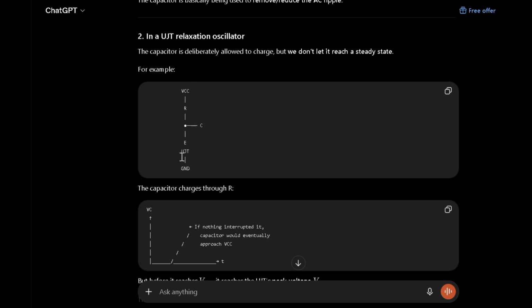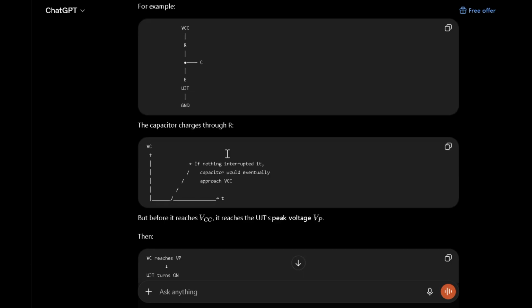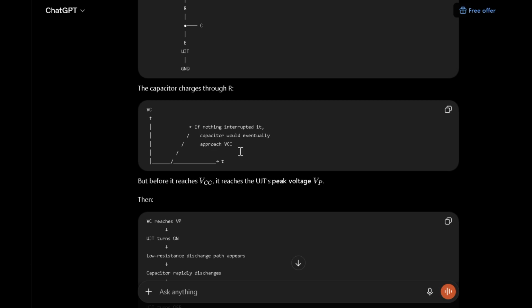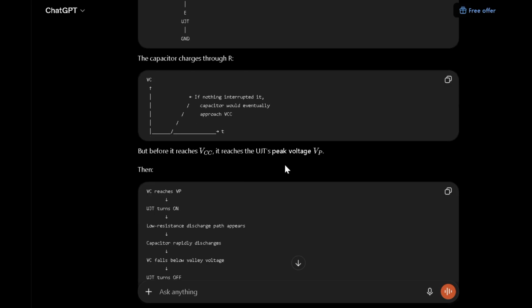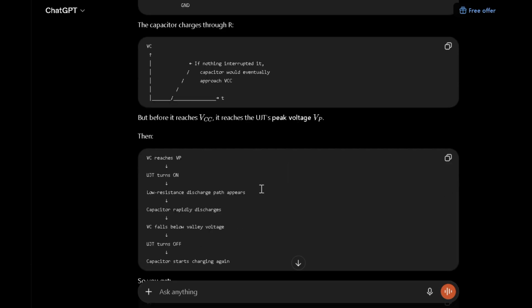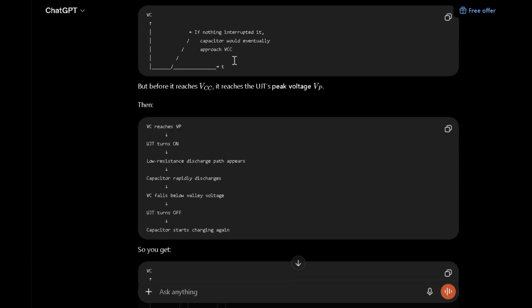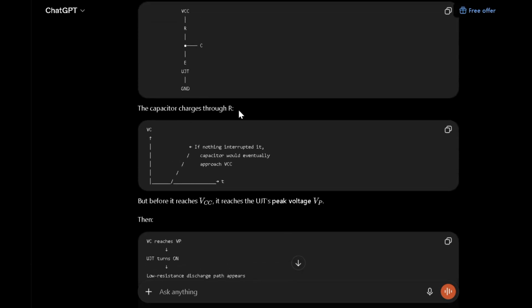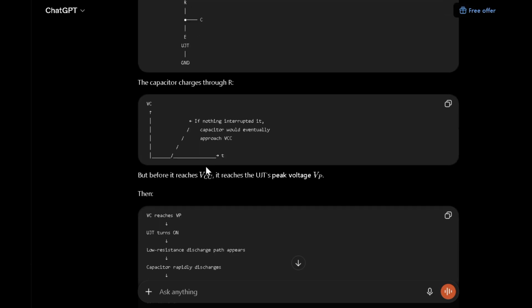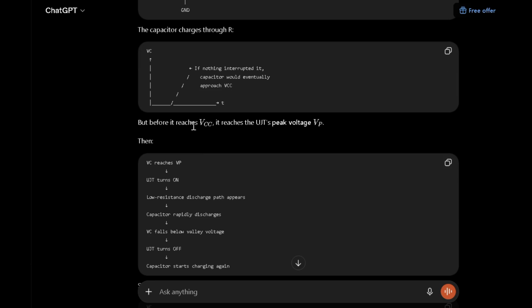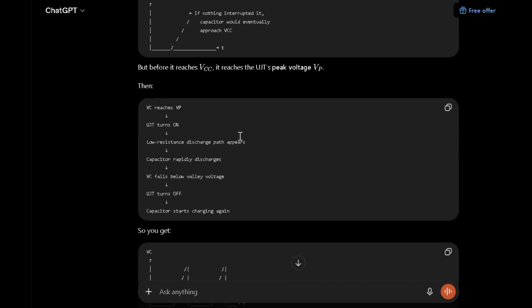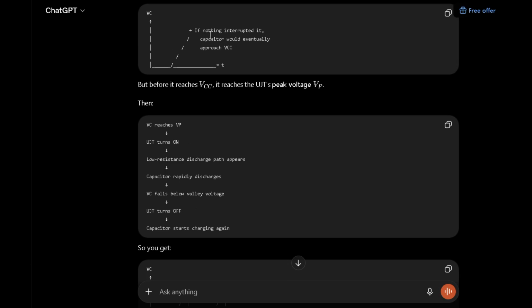With nothing interrupting, the capacitor voltage would eventually approach VCC. But before it reaches VCC, it reaches the UJT peak voltage VP.